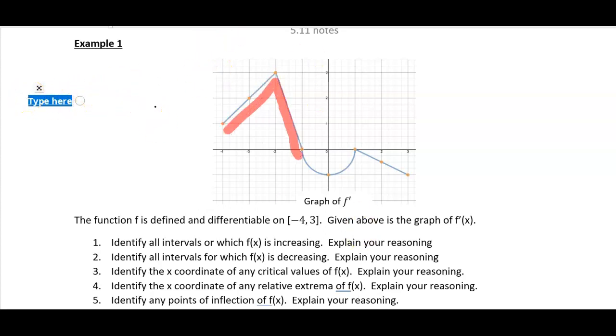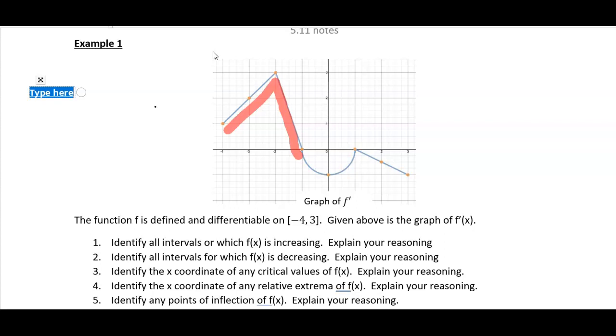A big part of today's lesson is not just being able to identify things, but also being able to explain your reasoning. So you want to make sure that as you're writing down your solutions, you are writing them appropriately, because this is a new lesson that I've made, where I'm trying to help you learn how to express this appropriately for FRQs, because these are very common FRQ questions.